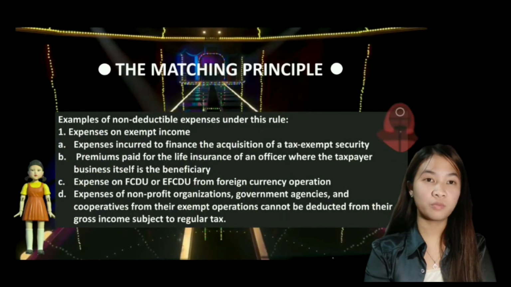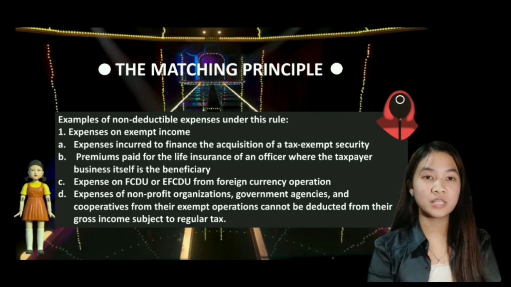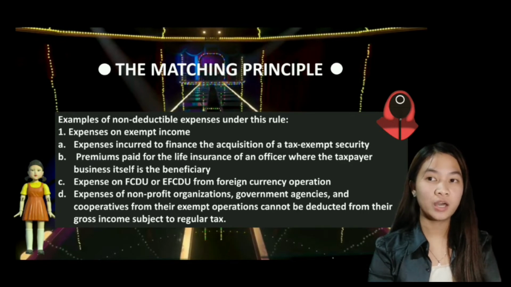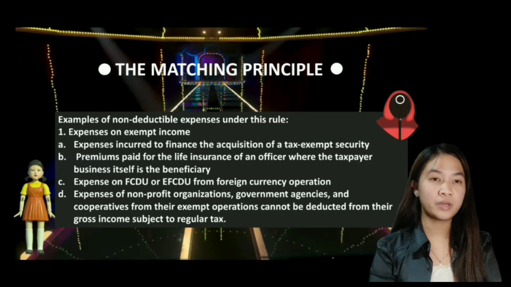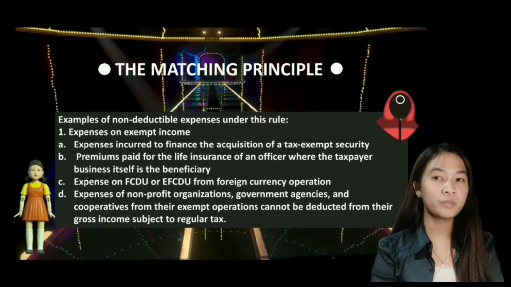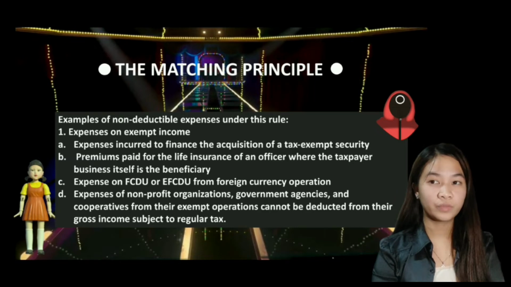Examples of non-deductible expenses under this rule are expenses on exempt income, such as expenses incurred to finance the acquisition of a tax-exempt security, and premiums paid for the life insurance of an officer where the taxpayer business itself is the beneficiary. The proceeds from such insurance arrangement are tax-exempt, hence the premium expense is not deductible.